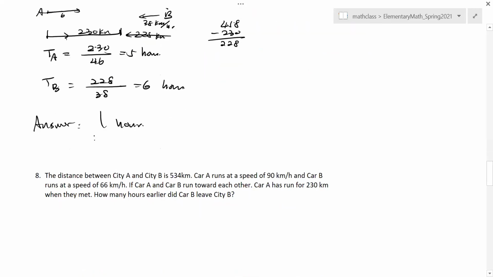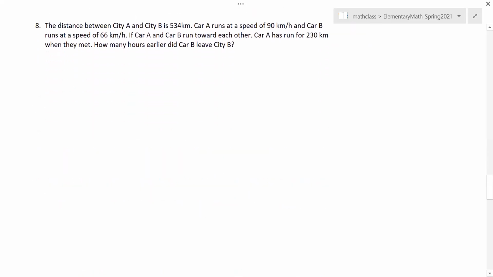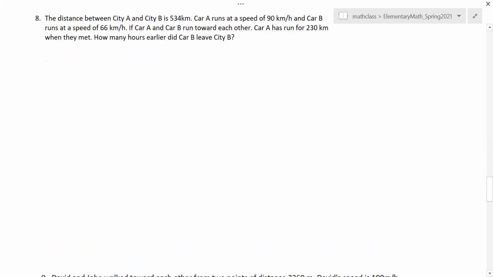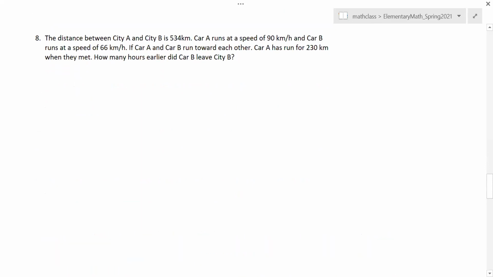All right, so move on to the next problem. All right, let's look at this. Again, you have to draw the picture, right? So the distance between two cities is 553 kilometers. Car A is 90 kilometers per hour.